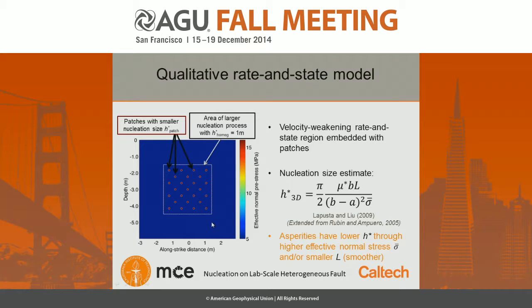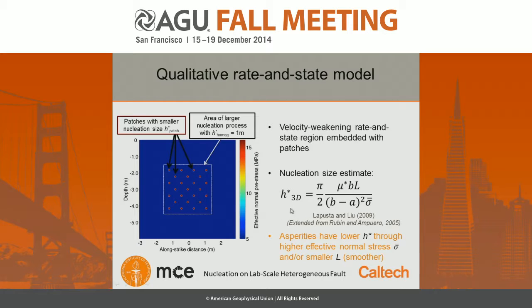Our hypothesis is that asperities are able to host smaller seismic events because the nucleation size there is naturally smaller, where this equation here gives us a 3D estimate for a nucleation size, which is extended from the 2D version from Rubin and Ampuero.